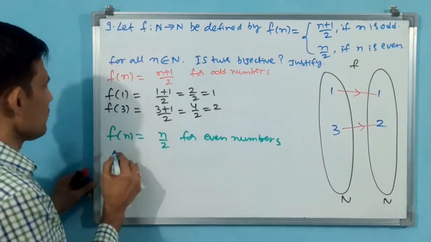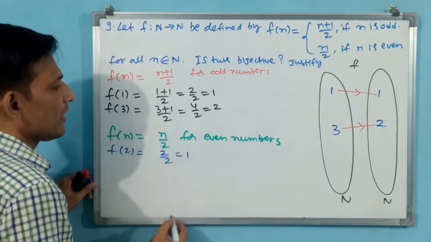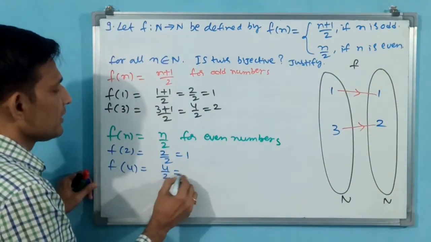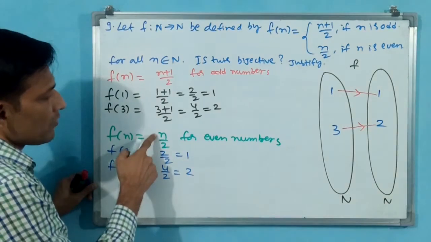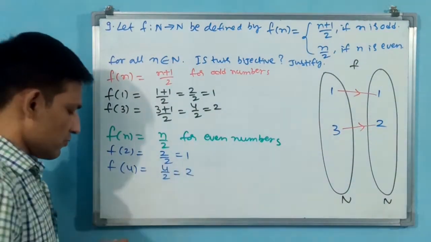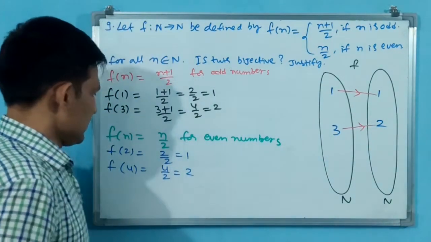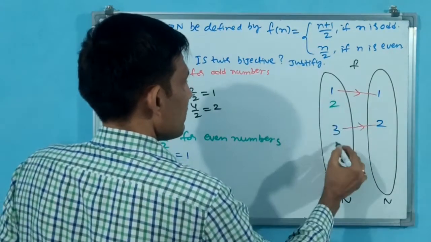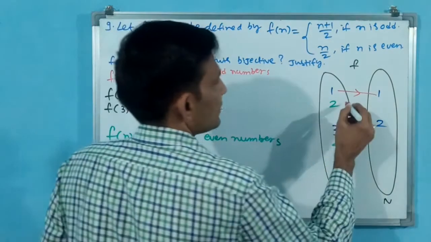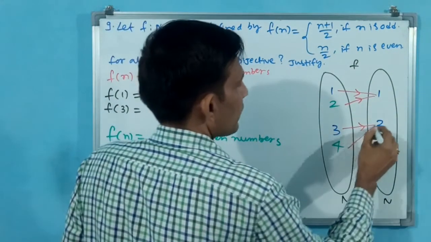First even number I give 2. f of 2 is 2 by 2, that is 1. f of 4 is 4 by 2, that is 2. That means 2 to 1, 4 to 2. Same thing you write here also. Now 2 is there, 4 is there, but the connection is 2 to 1, 4 to 2.